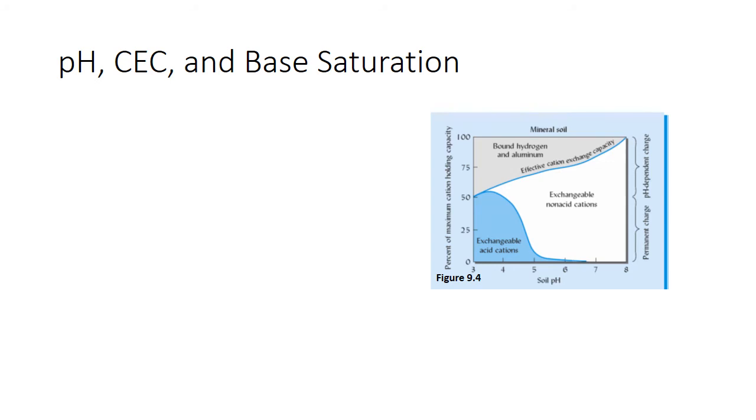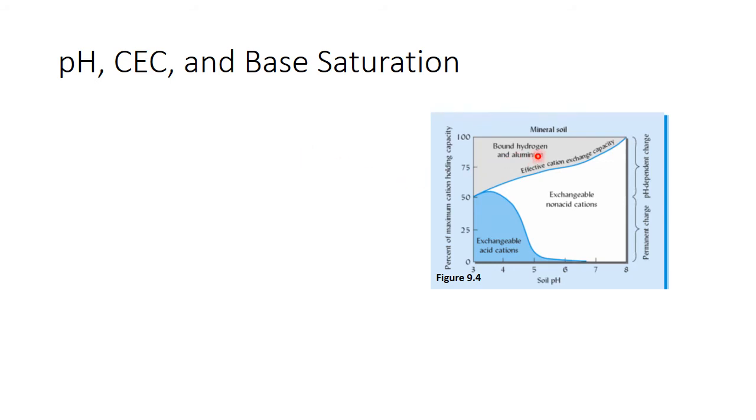Okay, so to relate that to pH, CEC, and base saturation, we have this figure on the right. One trend that occurs is as the pH goes down, the aluminum hydroxide, aluminum OH2, and hydrogen bind tightly to the CEC, and as a result, take up some potential binding sites.